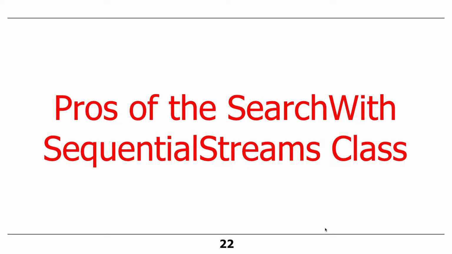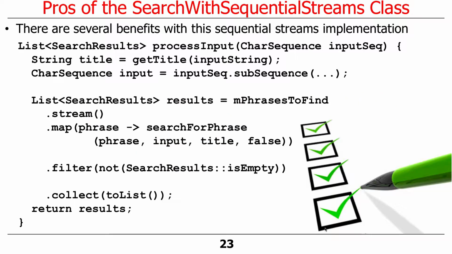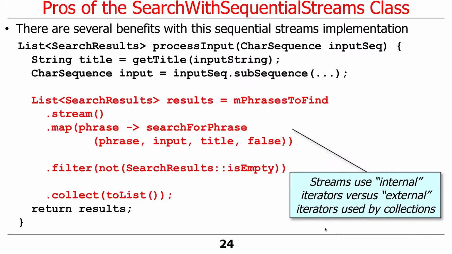So we can cover the pros and cons really fast. There are a number of benefits with using streams versus writing this without streams, which is painful, having done it. It uses something called internal iterators versus external iterators. I'll cover that in more detail. The main point of internal versus external is you don't see the iteration directly.